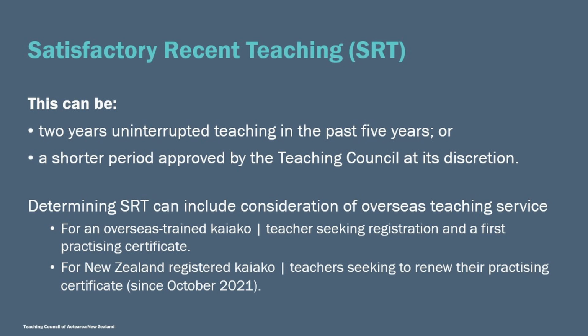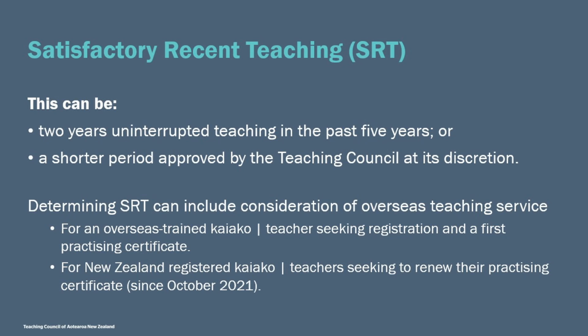Our ability to apply discretion underlies the change in the registration and certification policy, from a focus on formulas for calculating shorter periods of service to a more nuanced approach that allows the Council to consider the evidence each kaiako provides and then make a decision within the parameters of the policy.